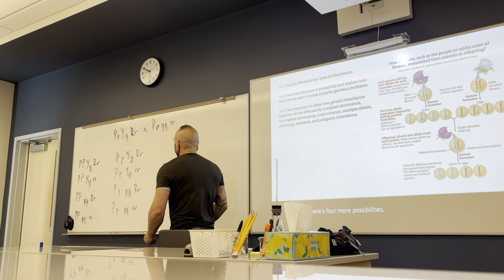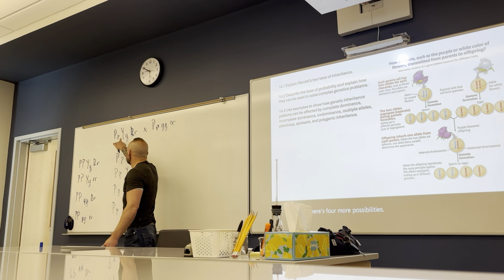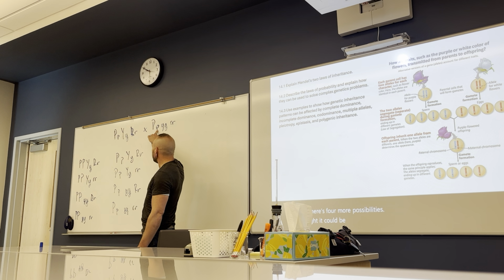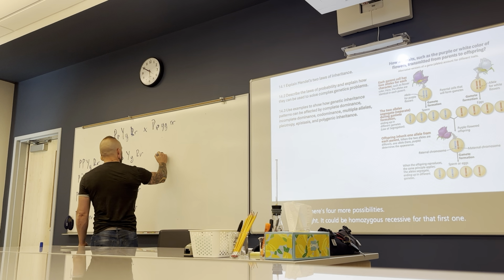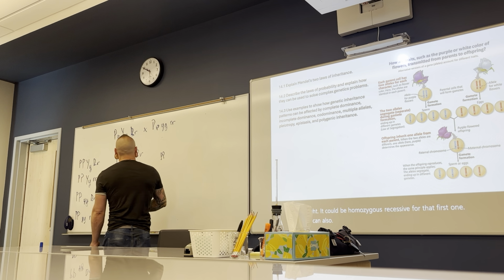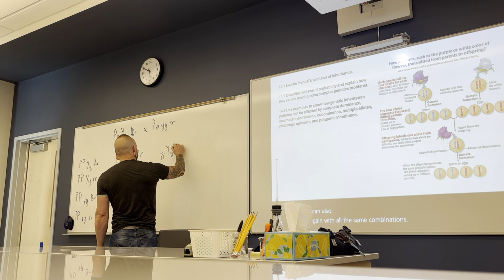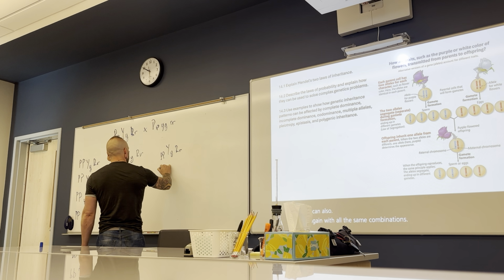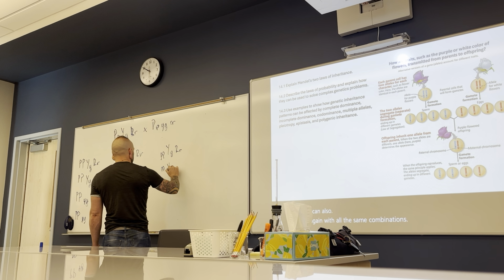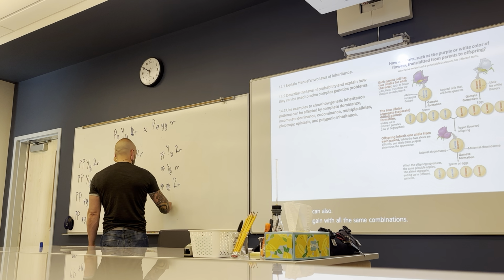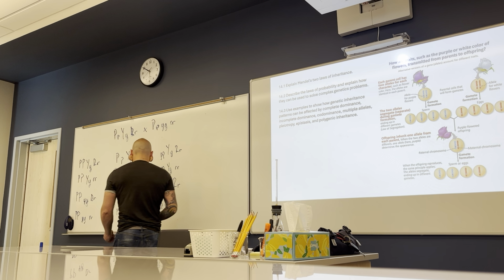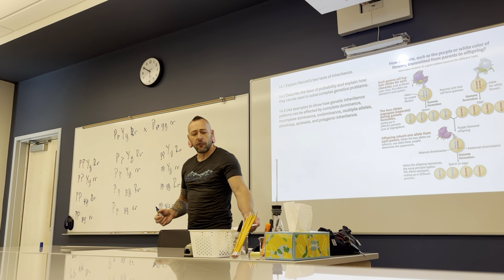Or it could be homozygous recessive for that first one, and so we can also have that, again with all the same combinations. Okay, so those are our 12 possibilities.